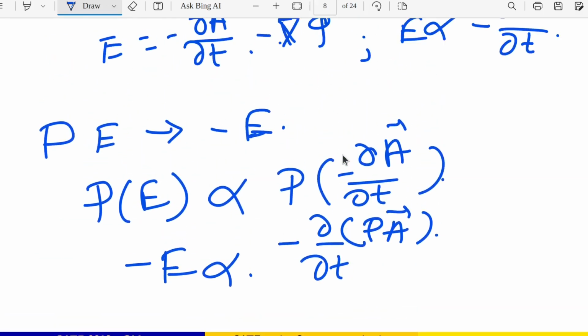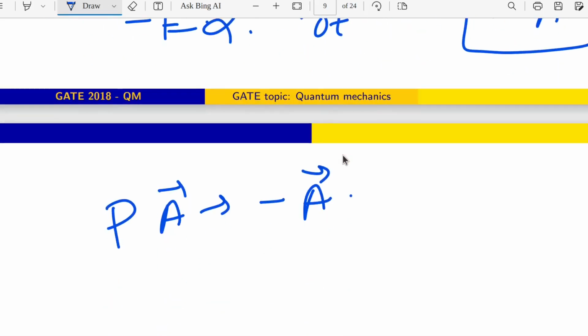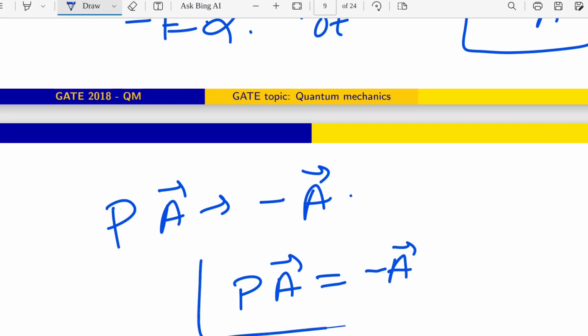Because if it is plus A, then it will be minus del A del t, and minus del A del t is nothing but E. But minus E is proportional to E, that is not correct. So we have to have P of A is minus A, so that we have plus del A del t, and plus del A del t is nothing but minus E. Then it is fine.